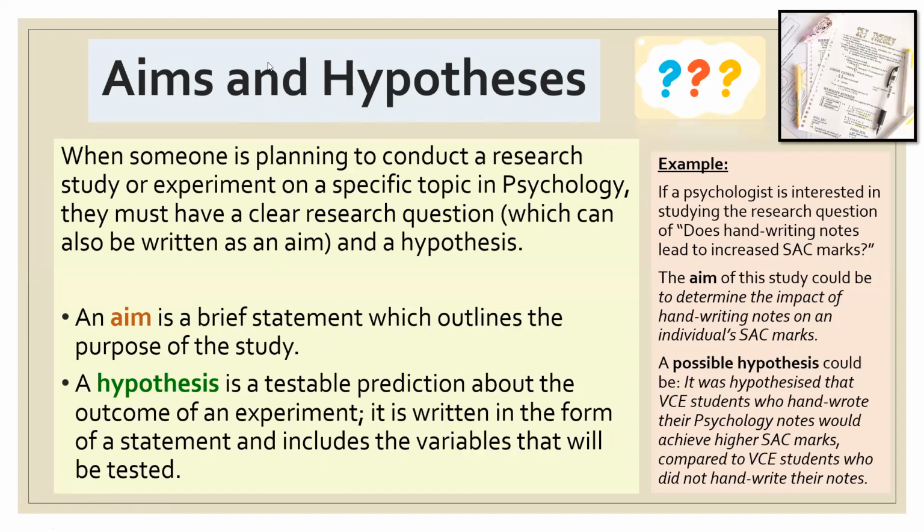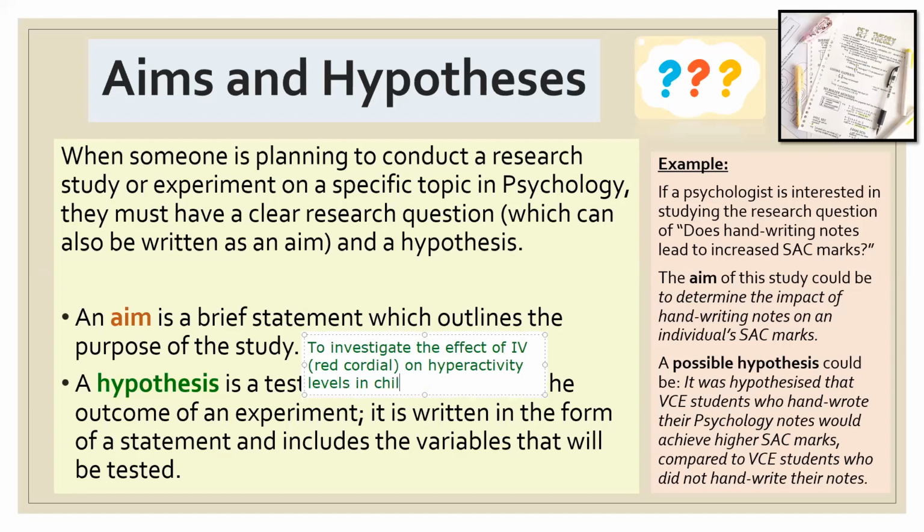So if I can find my annotation box. So usually the aim would be something like, let's say I'm doing a study on the effect of red cordial and how it affects hyperactivity, okay? So I would say to investigate the effect of IV, which in our example is red cordial, on hyperactivity levels in children.